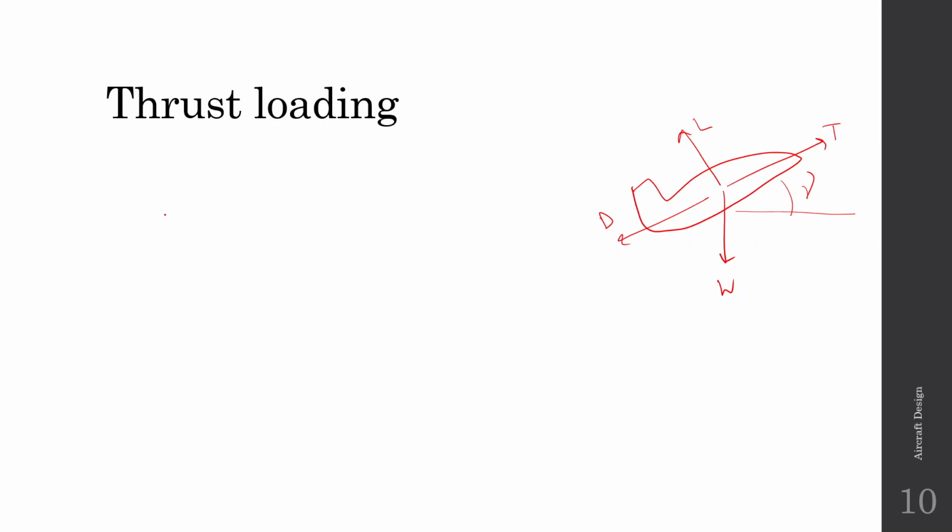So this is a steady climb, and in a steady climb we have thrust minus drag minus weight sine gamma equal to 0. Then we can divide by weight and rearrange to get this.